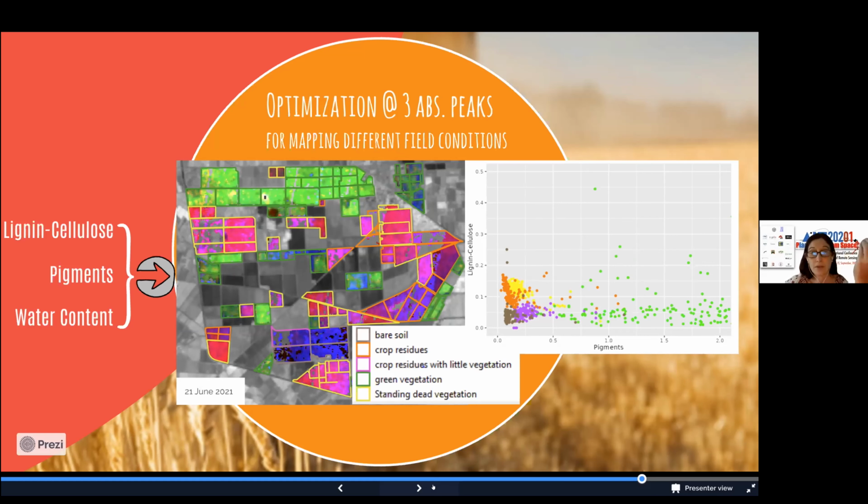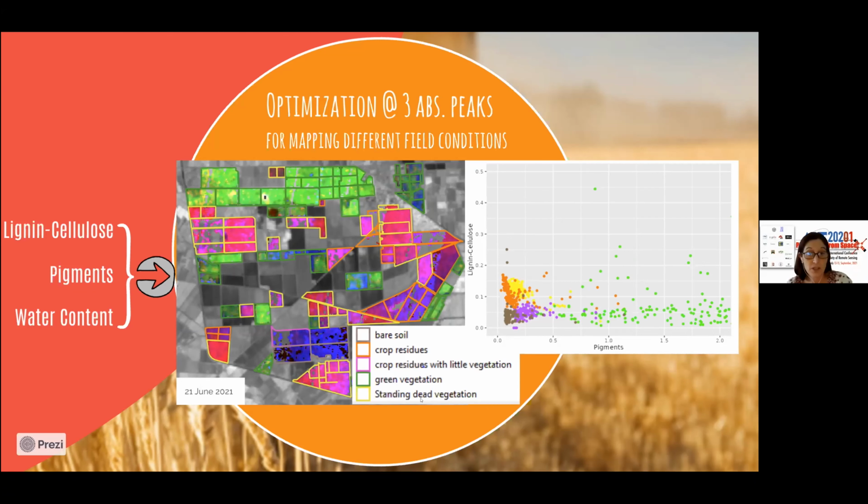There is plant emergence, and so there is a mix between NPV and green vegetation, as well as standing dead or dying vegetation in one image. So this is Yolanda, this is the Hypersense campaign last June.